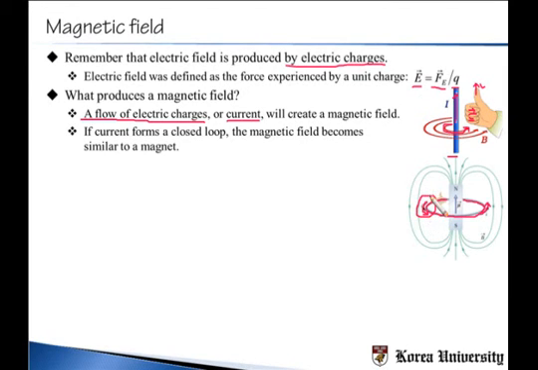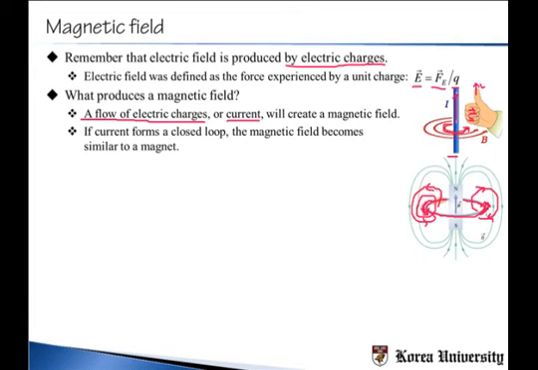Here, the current is flowing in this direction. Following the rule shown above, the magnetic field will appear like this, going around here. And on the right side, the current is going in this direction, so again, using the same rule, the magnetic field will be going around like this.